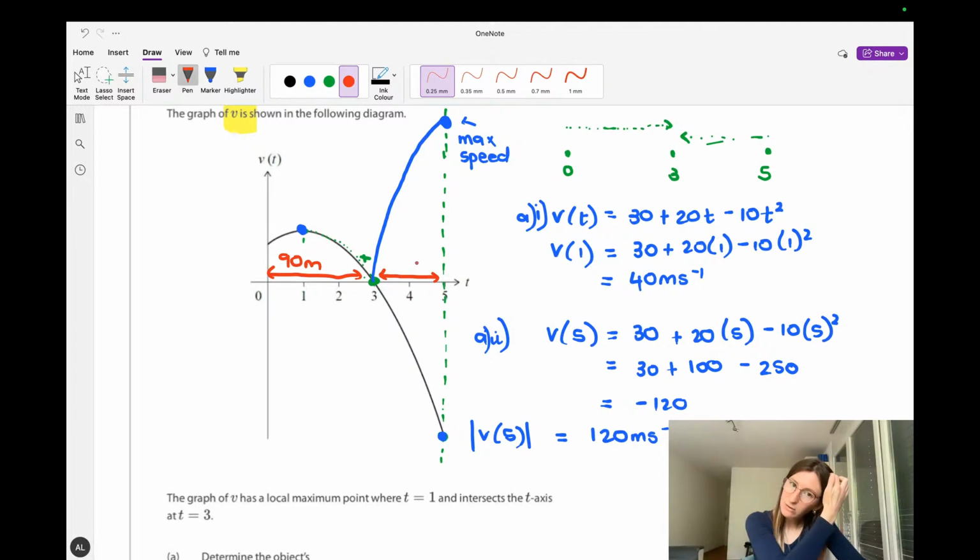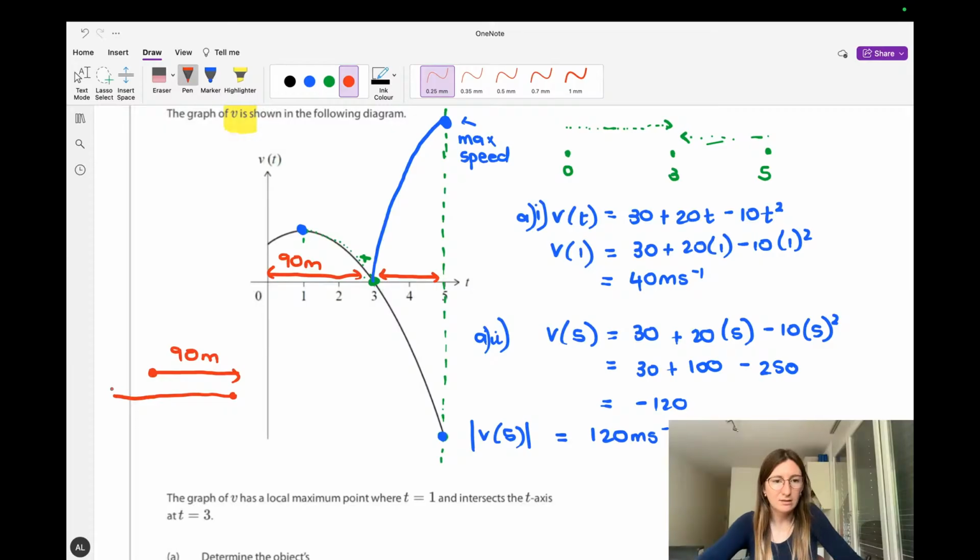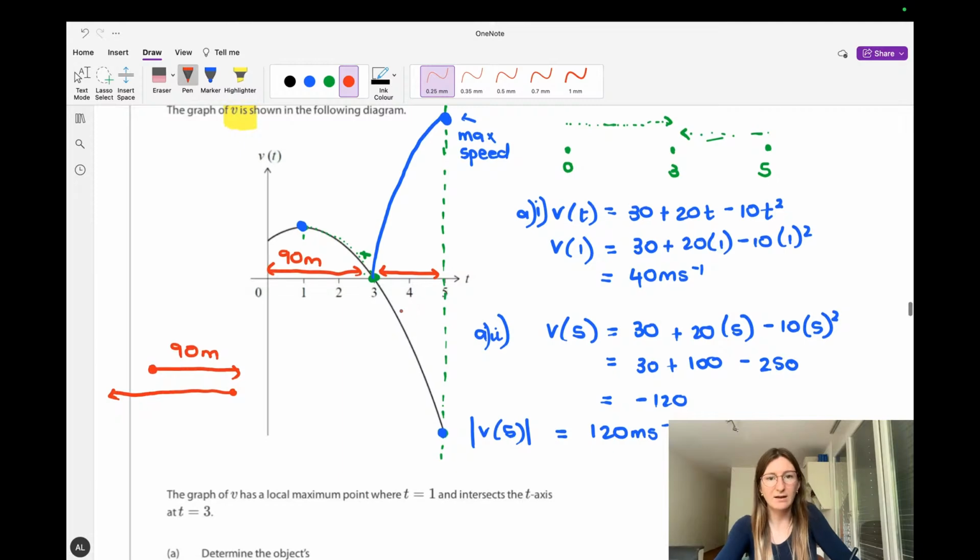Because if in these 2 seconds it's more than this distance, then yes, it is going back to its original position. Because there it was going for 90 meters. That's my 90 meters. Then it stopped and it turned around. And for those 2 seconds, if it goes more distance, then it's past where it started. But if it goes back less than where it started, then we know that it does not return to its initial position. So we want to figure out from 3 to 5.